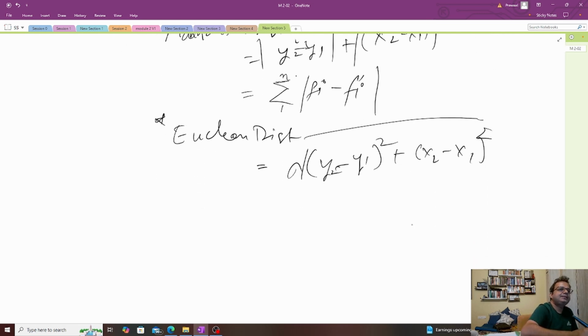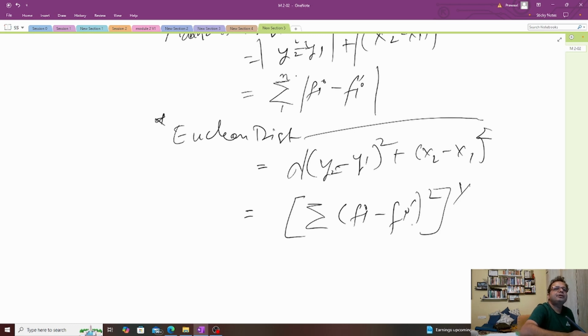This can be generalized in the sense that if there are n values, then your fi minus fi dash squared, and then you add all of them together and raise to the power 1 by 2. So this is how it is.